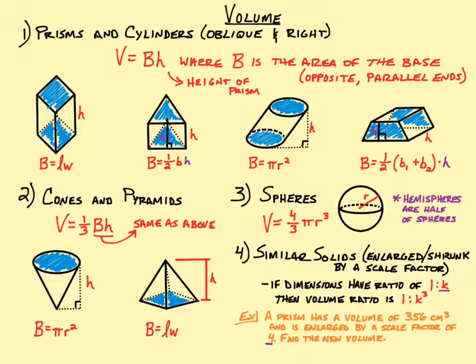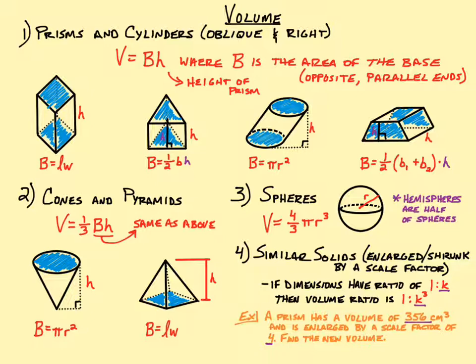Then k means that we're going to be multiplying each of those different dimensions by 4. So that means that our volume is going to be increased by a ratio of k to the 3rd power, because we've multiplied each of the different dimensions by k. So we're multiplying the whole volume by k cubed.